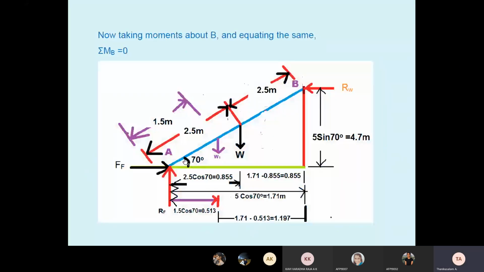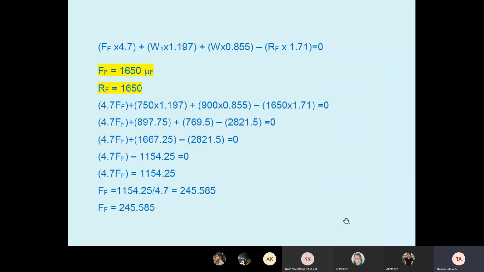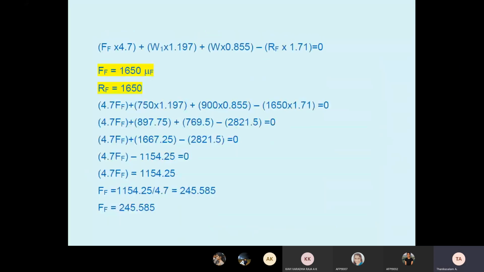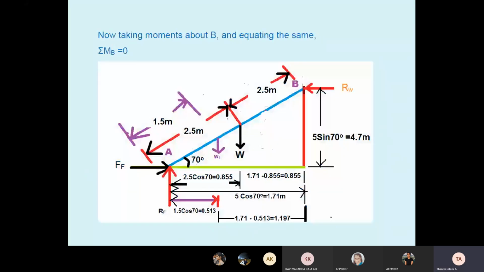Here also, you can take any clockwise plus or anti-clockwise plus, because the sum is equal to 0, that will compensate. So W1 into the distance 1.197, anti-clockwise plus. Next W into 0.855 anti-clockwise plus, then FF into 4.7, that also anti-clockwise.